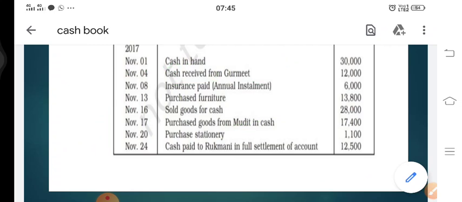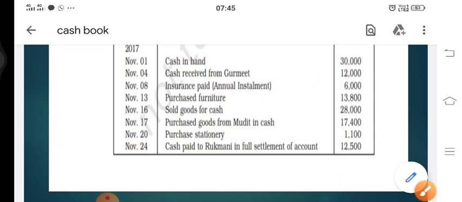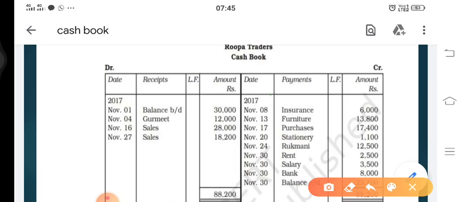Either you can make a journal entry, insurance account debit to cash account, and then post it, or you can simply think that since insurance is paid, it's a payment, and payment has to be recorded on the credit side. We'll go here and write either By insurance or only insurance, amounting to rupees 6,000.